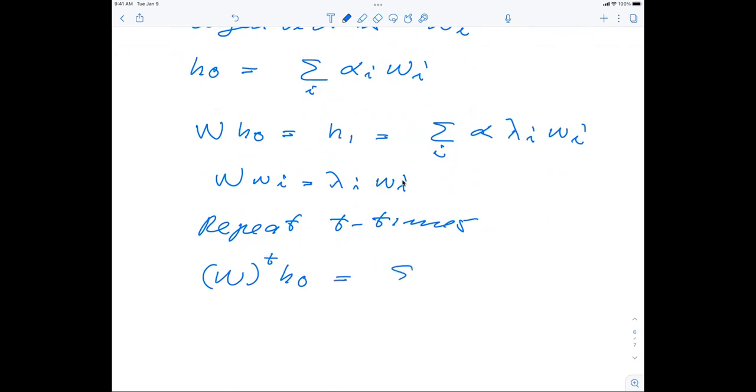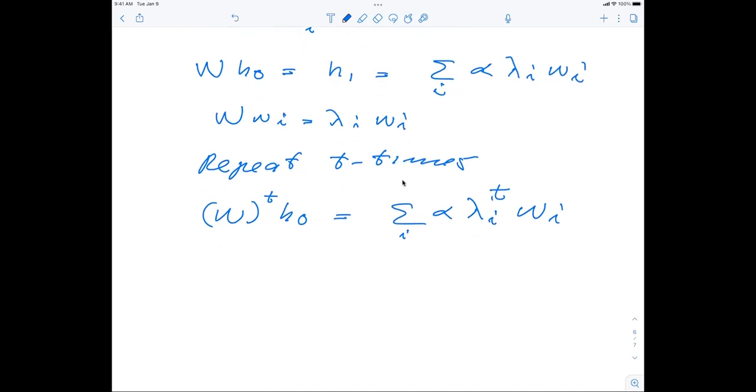That is going to be equal to this sum again of alpha i times lambda i to the power of t times the eigenvectors of the matrix W. And now we have made the assumption that the weights are the same all the time. We make also an assumption that these eigenvalues are ordered as a descending series, lambda 0, lambda 1, lambda 2, and then up to some lambda d here.